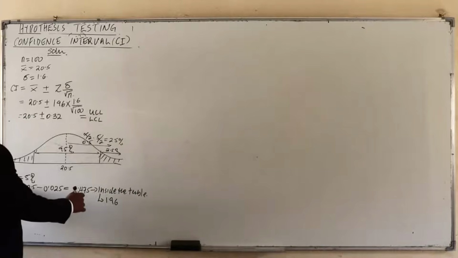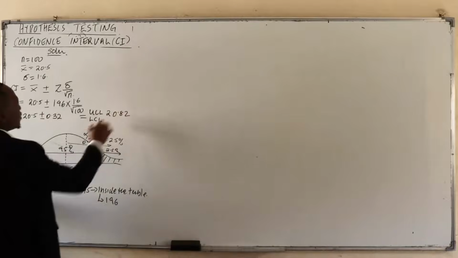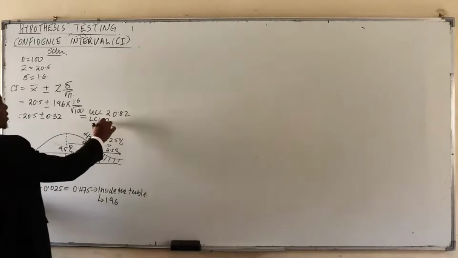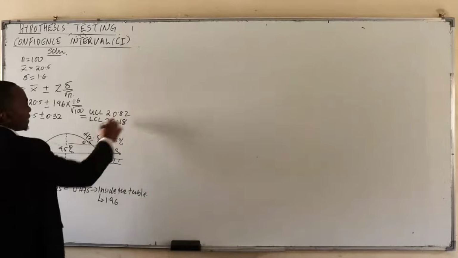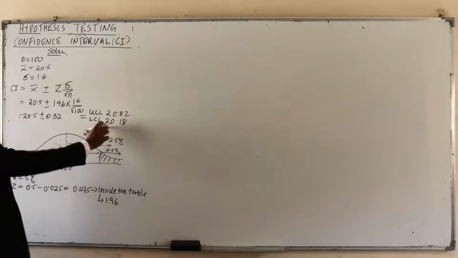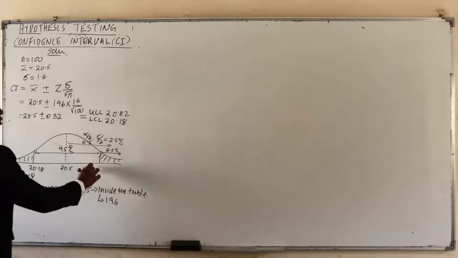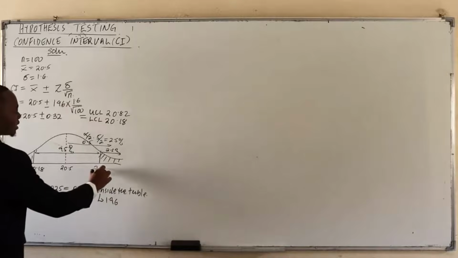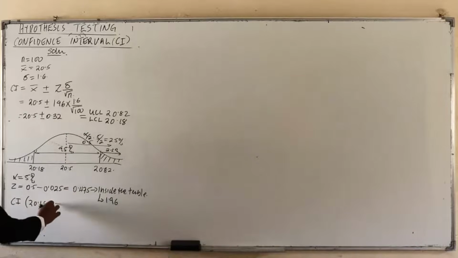20.82. That one is 20.18. So that means the minimum it can go is 20.18 and the maximum it can go is 20.82. So the confidence interval will be between 20.18 and 20.82.